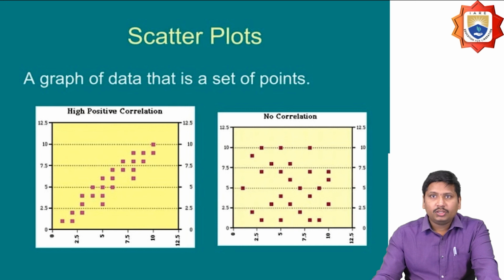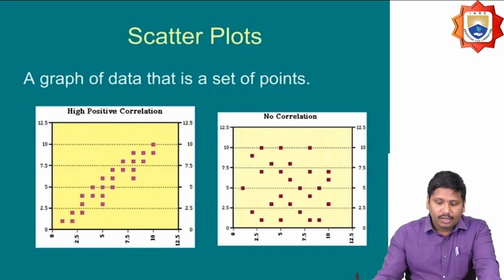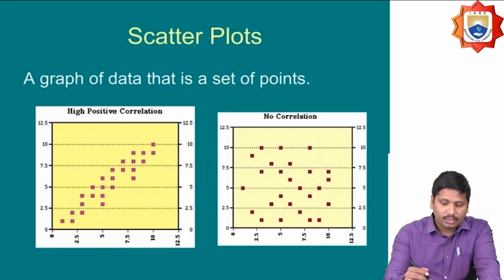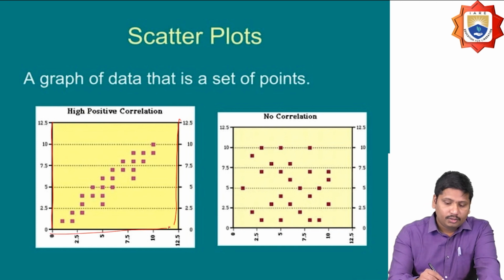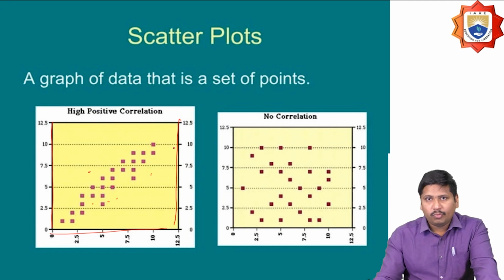And scatter plots. A scatter plot is another kind of graph that can represent the data here, where we show the data in two dimensions. The horizontal values and vertical values are shown on the two axes, and we represent the data as dots over the plot.